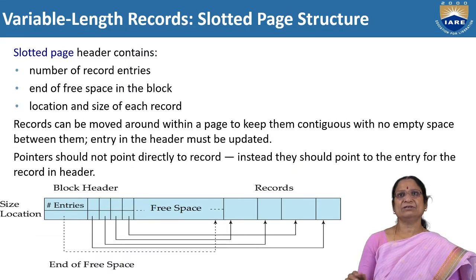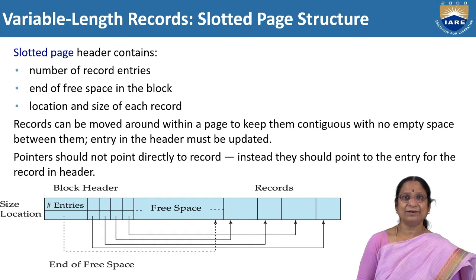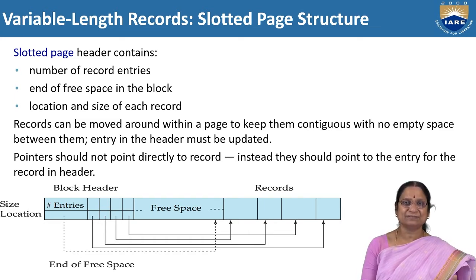These variable length records are also stored in the form of a slotted page structure. In an operating system, the data is going to be stored in the form of pages, no? Memory is represented in the form of pages.